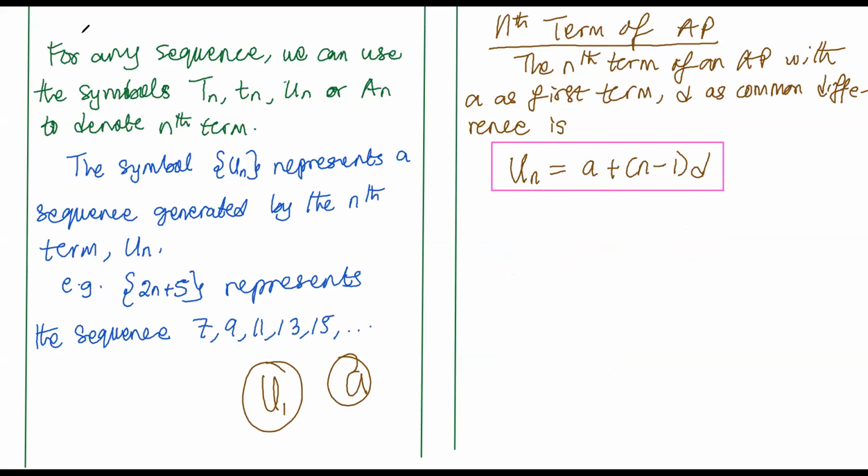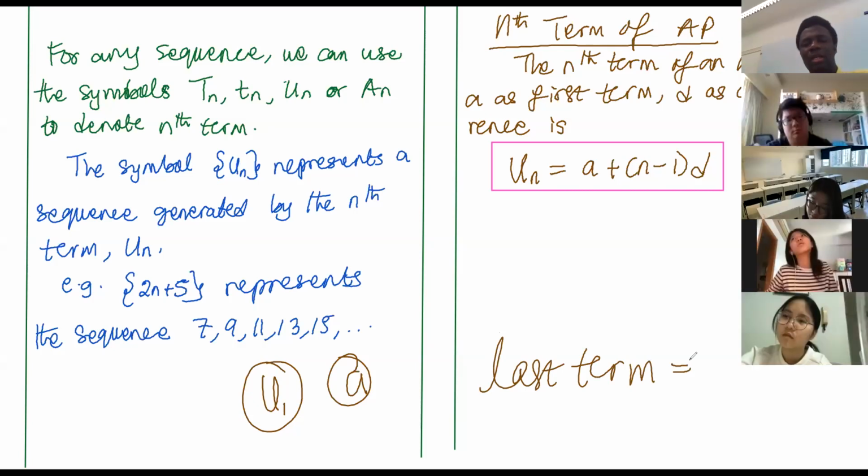Okay, and I want to ask a question now. What can anybody say about the last term of an AP? If you know the end of the sequence, how can you find the last term? Anyone?